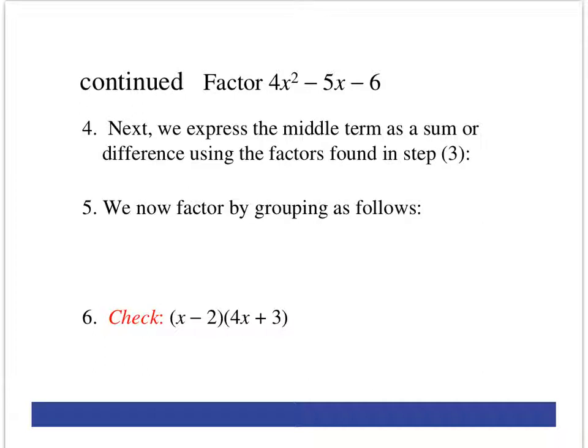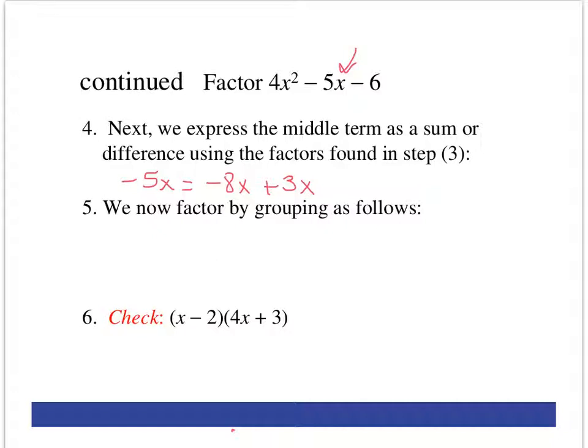Next, we express the middle term as a sum or difference using the factors found in step 3. So basically that negative 5x is going to equal negative 8x plus 3x. And we always attach the variable and the power to that term when we split it out. So now we're going to factor by grouping.